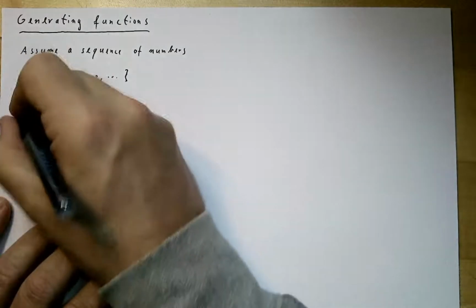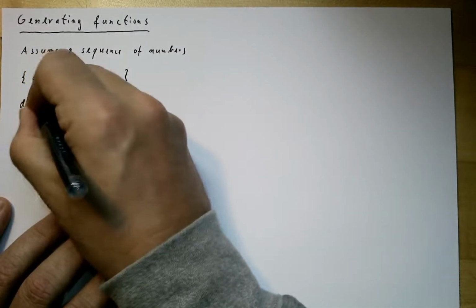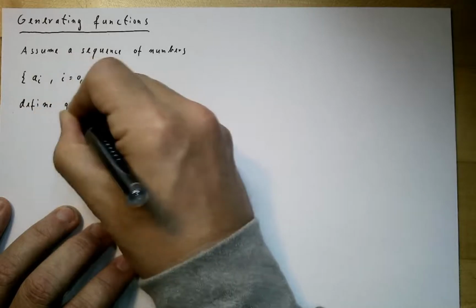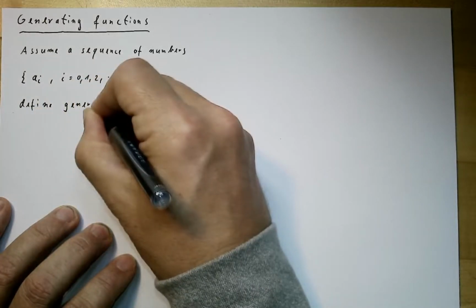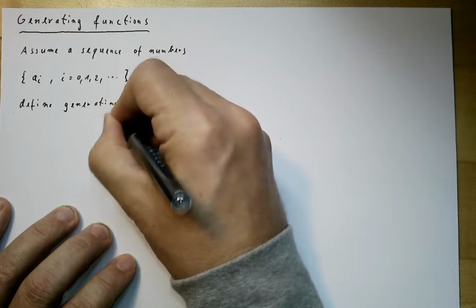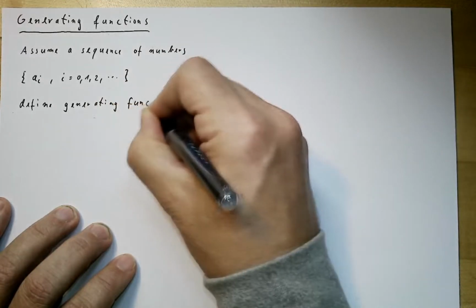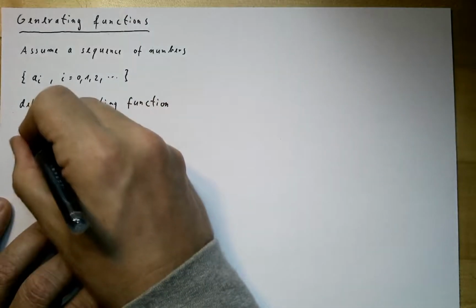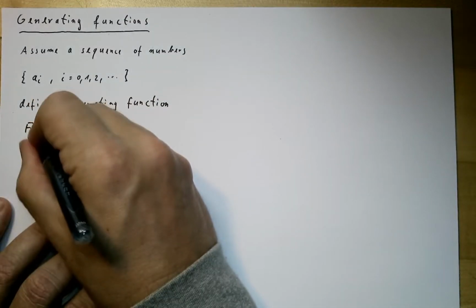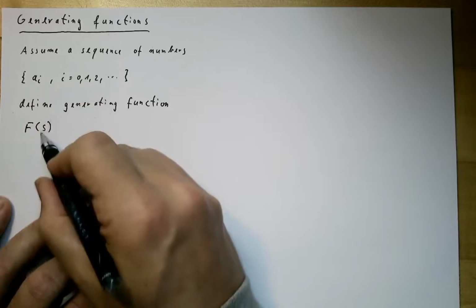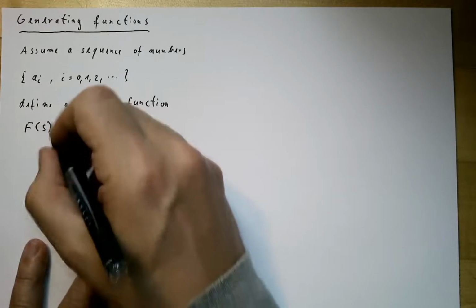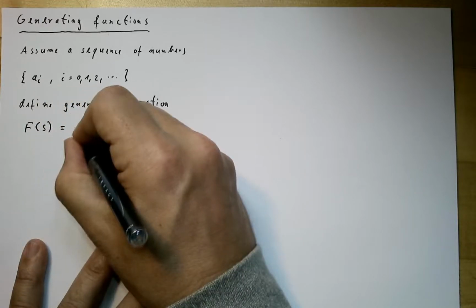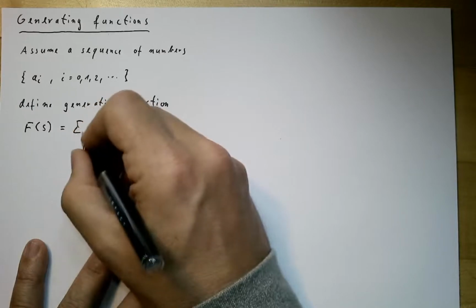Now we define the generating function. Give this name capital S, and we introduce a new variable. This S is a continuous variable, and then we say that it is this infinite sum.